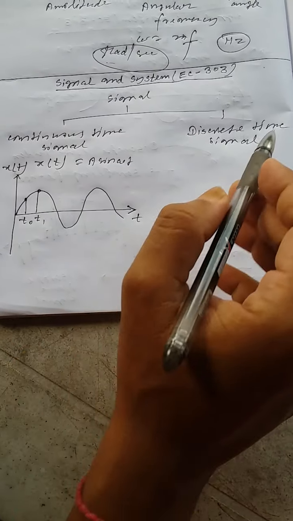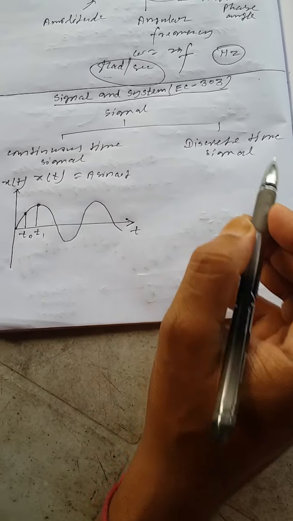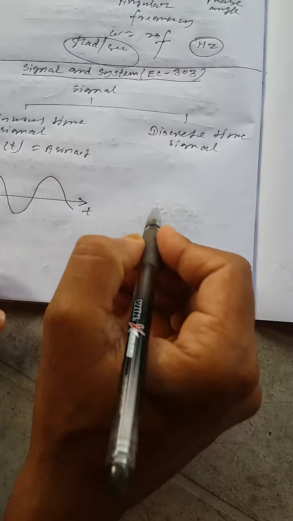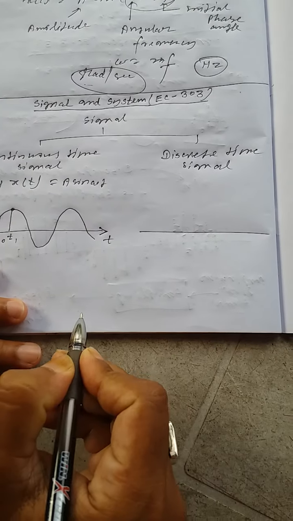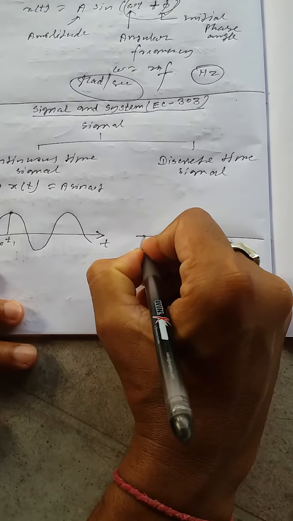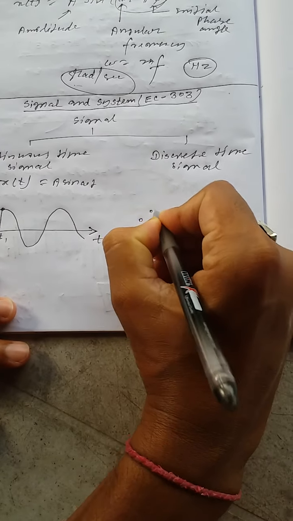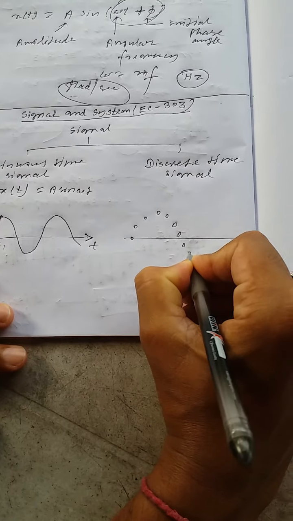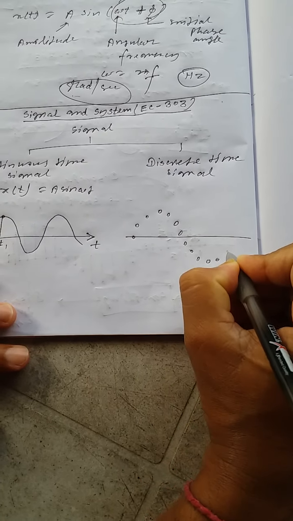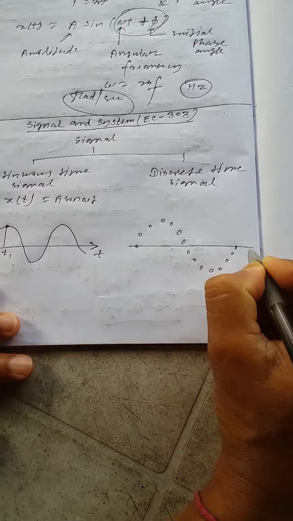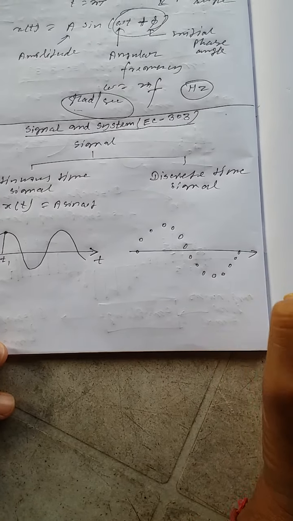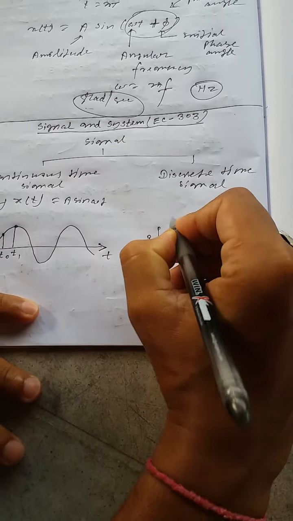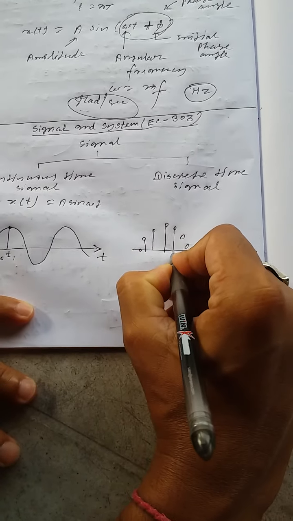Now another signal is the discrete time signal. If we represent this continuous time signal in the discrete time domain, then it can be represented like this way. Okay, so these are the discrete amplitudes.